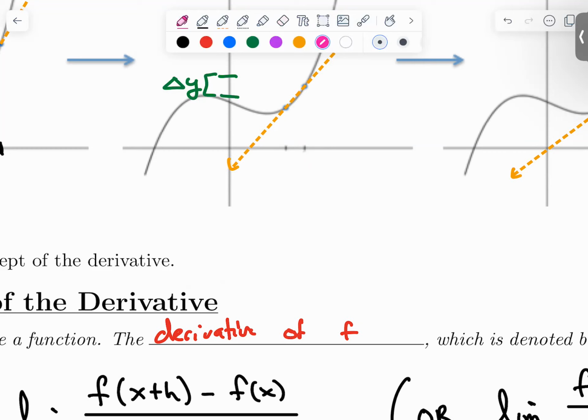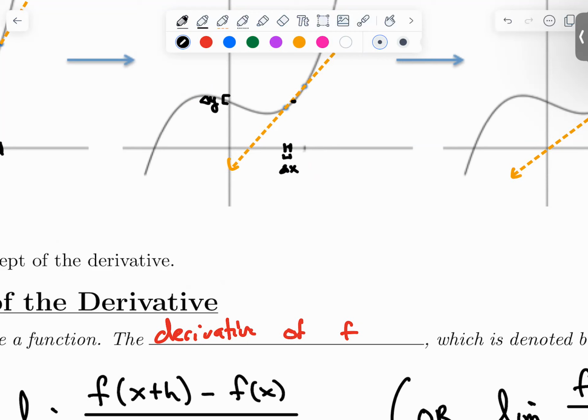But if I instead do here and here, then this is delta x, and the corresponding thing would be right there. So delta y would now be like this big. So you see, as delta x gets smaller and smaller, delta y gets smaller and smaller.